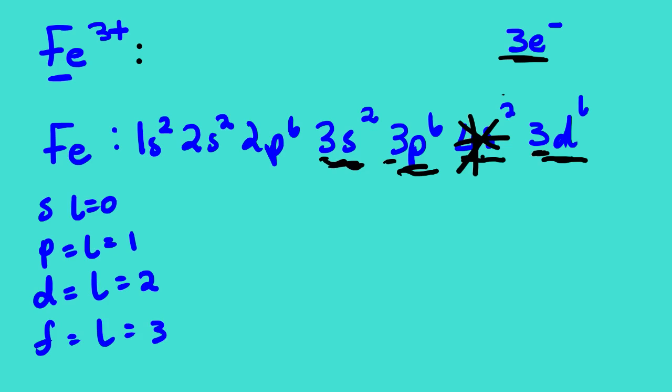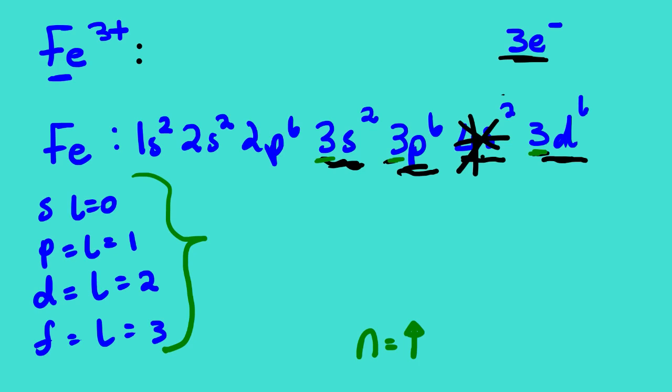Remember the procedure. We start with the highest value of n, the highest n. The highest n, we are going to remove our electrons there. But in this case, we have the same energy level. So where do we remove from? From s orbital, p orbital, or d orbital? It all relies on this.